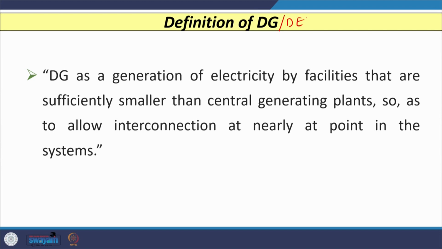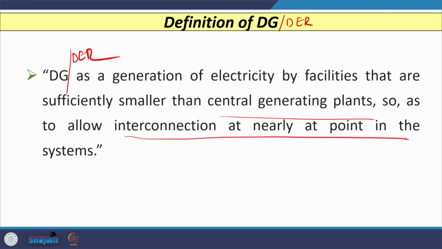So, let us first discuss how we define the distributed generator or distributed energy resources. DG or distributed energy resources is defined as a generation of electricity by facilities that are sufficiently smaller than central generating plants, so as to allow interconnection at nearly any point in the system, and this point where you connect the generators to the grid is known as the point of common coupling, PCC.